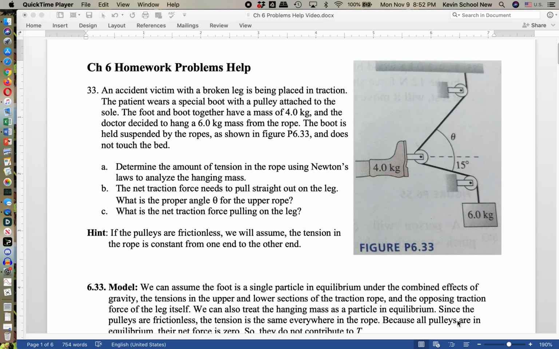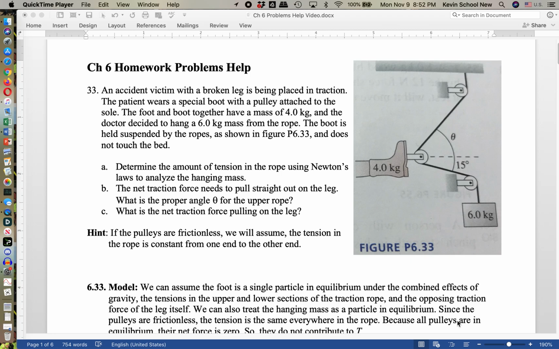So you can see from the picture, you have a mass hanging vertically downwards on this string that goes around a couple of pulleys, and the pulleys are acting on the boot in a diagonal direction, one diagonal up and right and one diagonal down and right. They want you to determine the amount of tension in the ropes using Newton's laws to analyze the hanging mass.